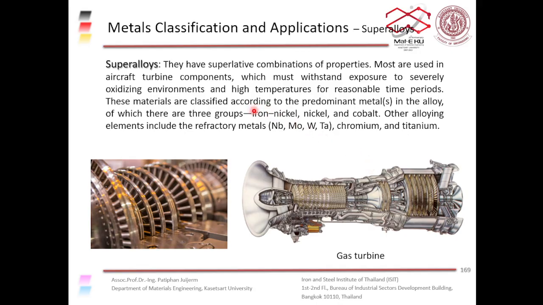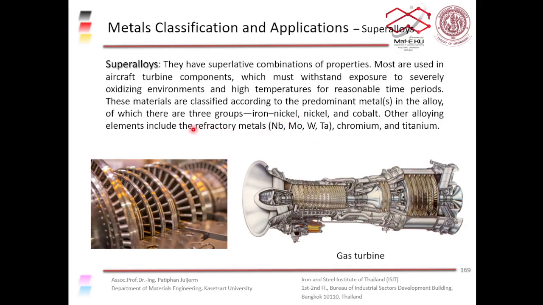Those materials are called super alloys, and we can divide super alloys into three groups: iron nickel based superalloy, nickel based superalloy, and cobalt based superalloy. In these three groups, we can add other alloying elements, especially refractory metals like niobium, molybdenum, tungsten, tantalum.